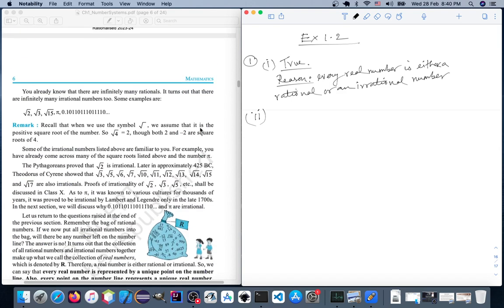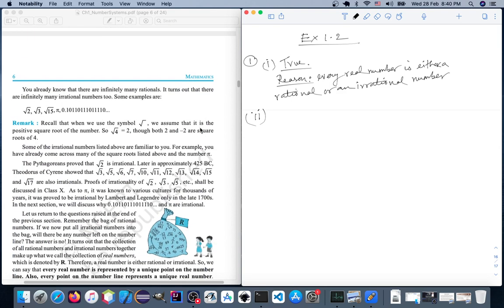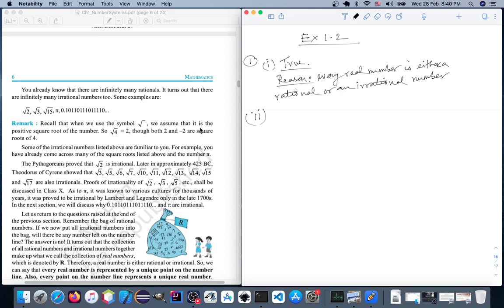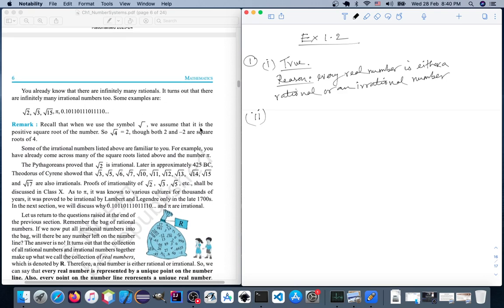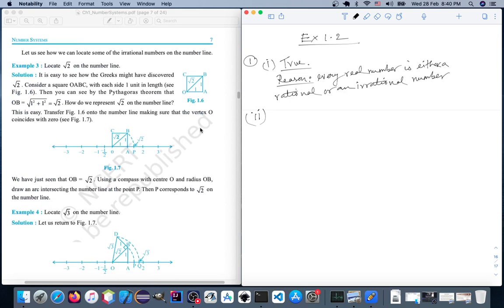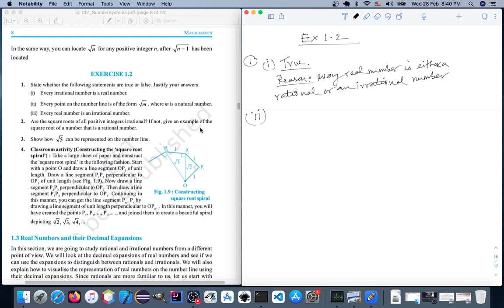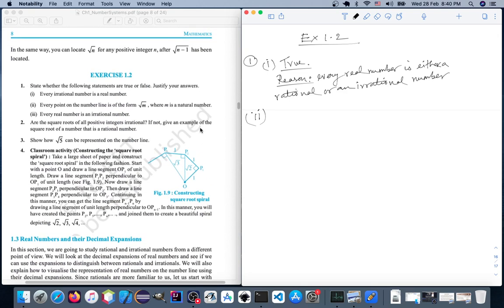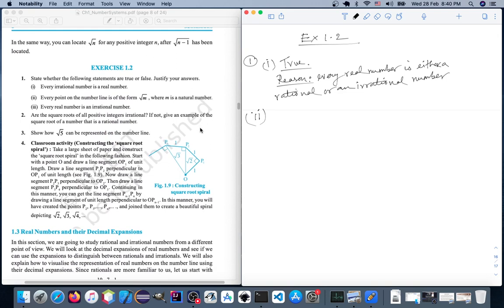If we consider this remark, that by square root of 4 we mean 2, so definitely the square root of m has to be a positive number. So with square root of m, we won't be able to mark a negative integer, where m is a natural number.